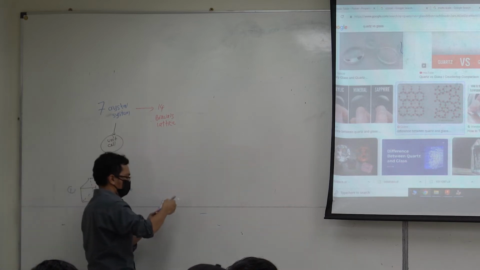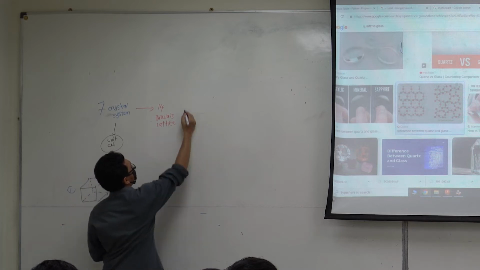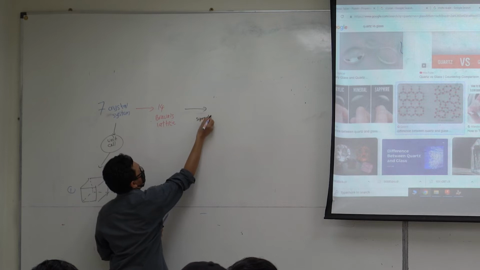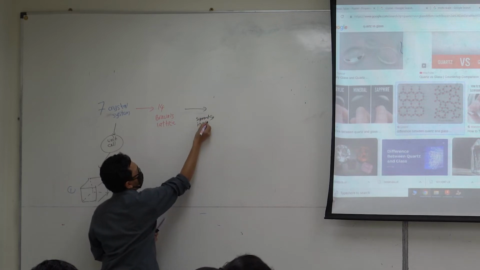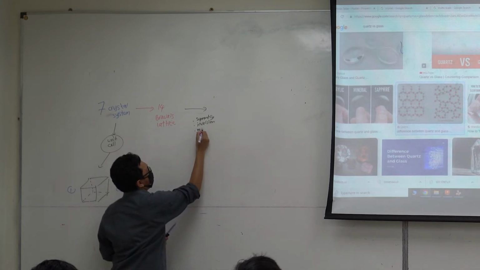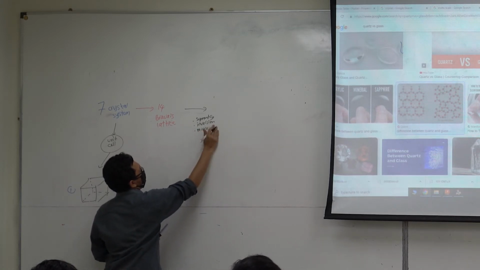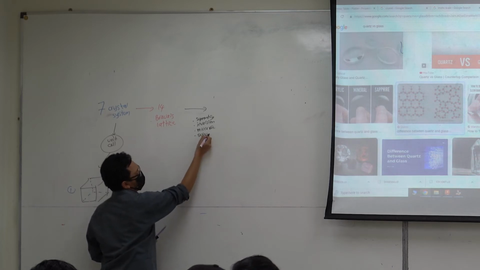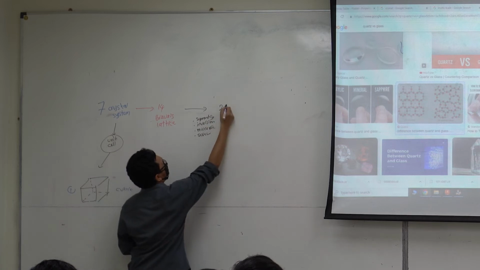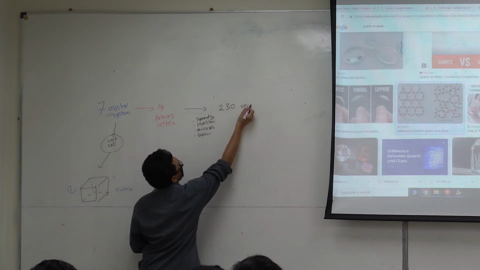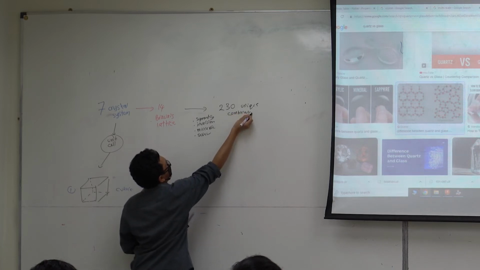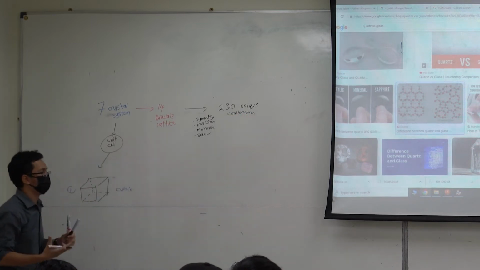And from these 14 Bravais lattices, when you include all the symmetry, the inversion, the mirror and screw or whatever, you don't need to know in detail. But what I want you to know is that there are only 230 unique combinations in the crystal.